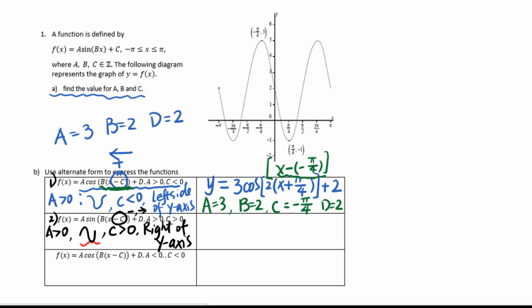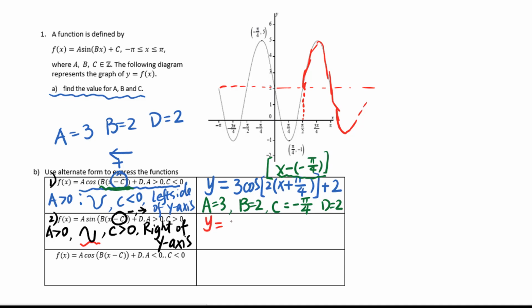Since sine x starts from the midline, let's draw the midline. Positive sine will be here. This is the starting point, pi over 2. So we will get negative pi over 2.